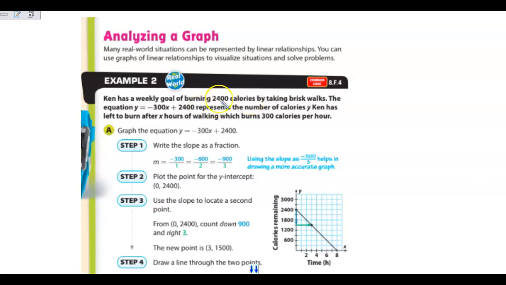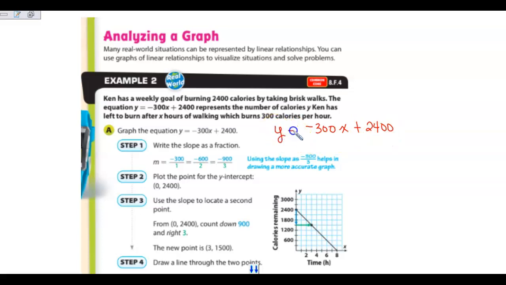So it's a negative 300 because it's burning 300 calories, and that's per hour. So there's our rate of change or our slope. And then he starts at 2,400 calories that he wants to burn. So that is our initial start, and so that's our y-intercept.